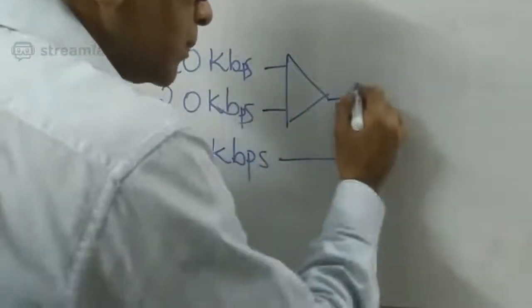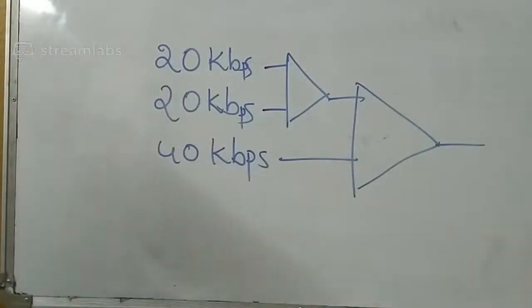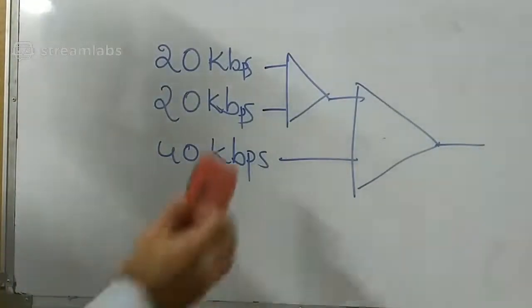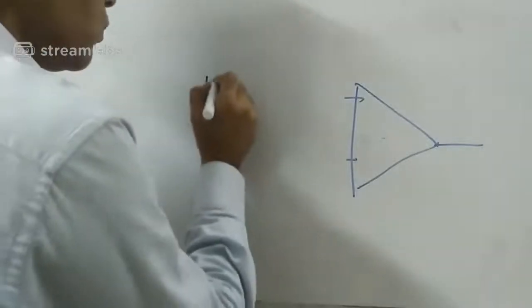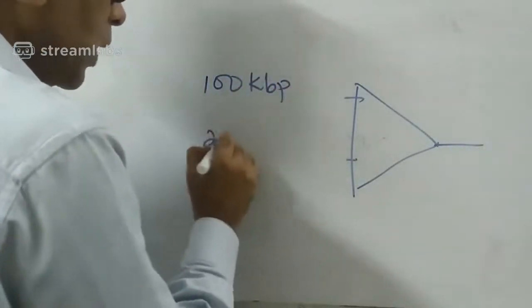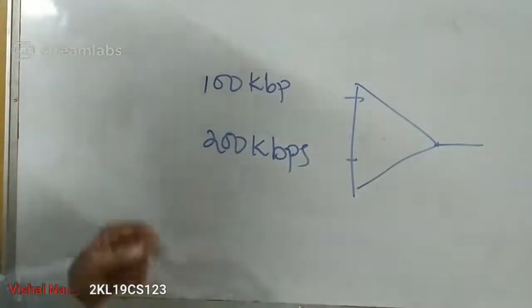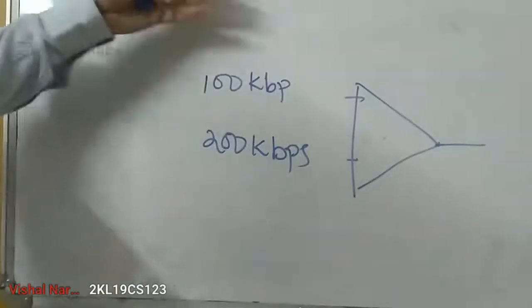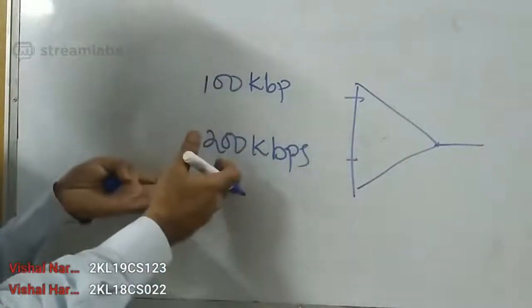In the second case, when I talk of the situation mentioned in your example, where I have two links, one with 100 kbps and another with 200 kbps, look at the options. I don't have multiple links to club them to bring it to this level.